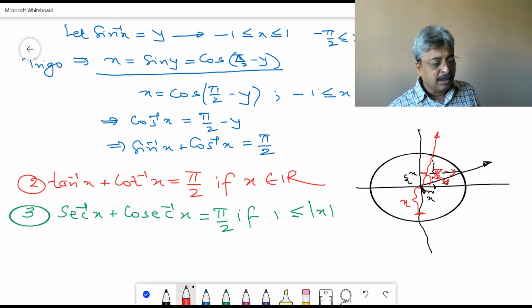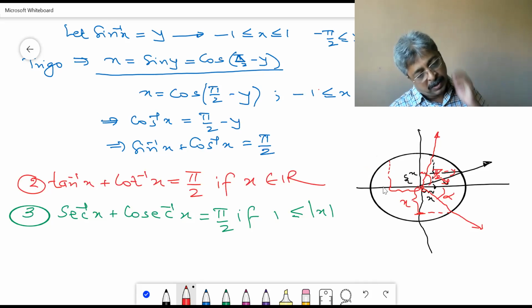Okay, then it is the corresponding terminal ray here, and it is reporting this angle alpha. So y will be alpha, and if we take this x to the negative side, then the corresponding terminal ray will be somewhere here.